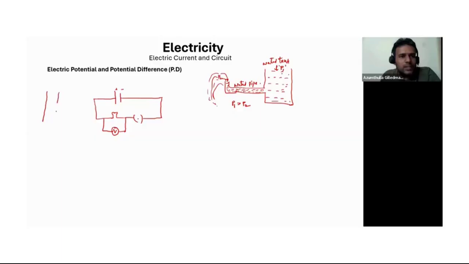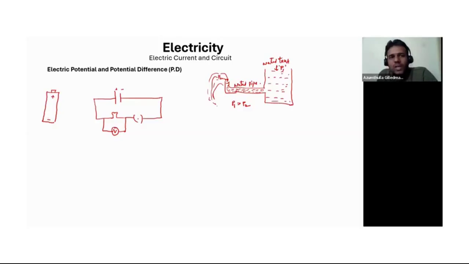Let's say this is your battery cell. Within this battery cell, an acid and some chemical is filled. That chemical energy will convert into electric energy that will give the push for the electrons.